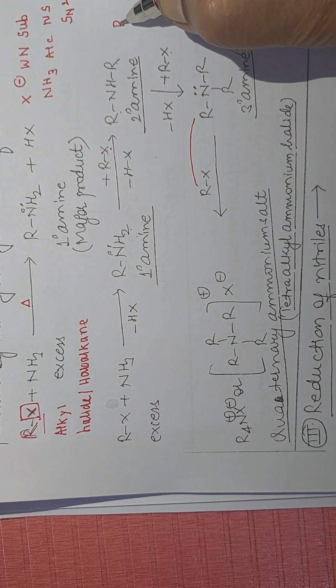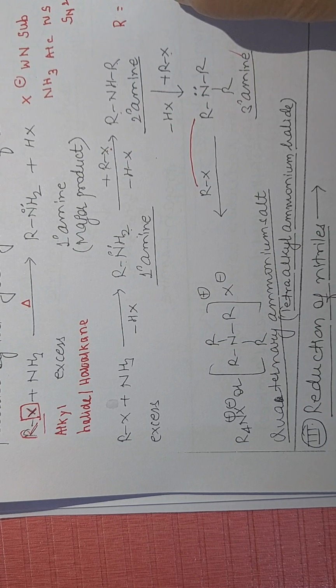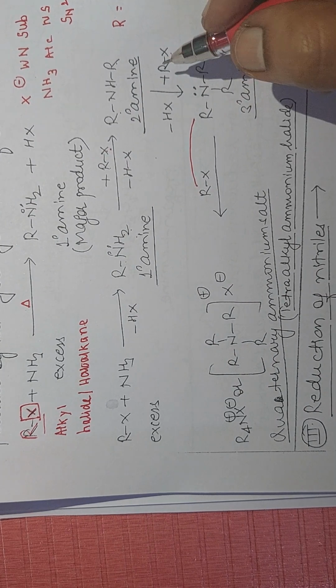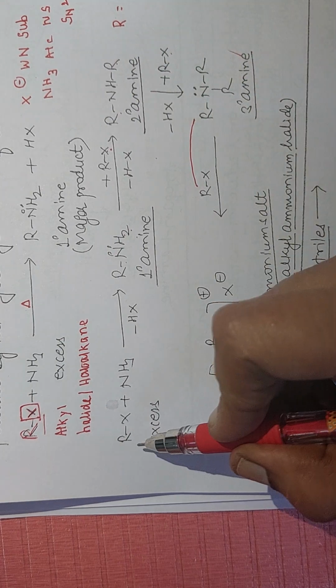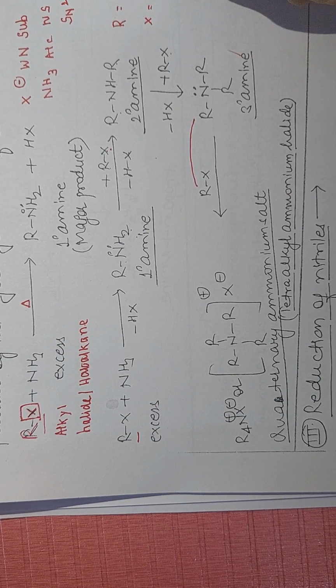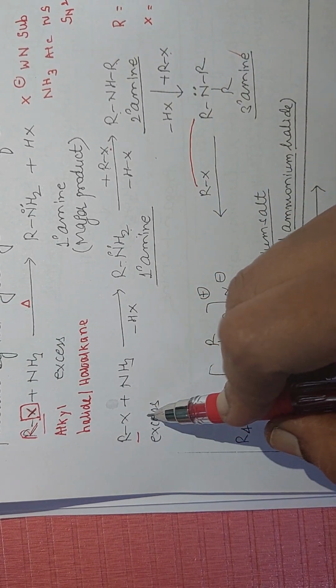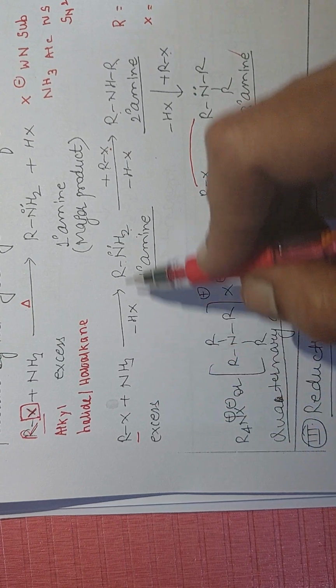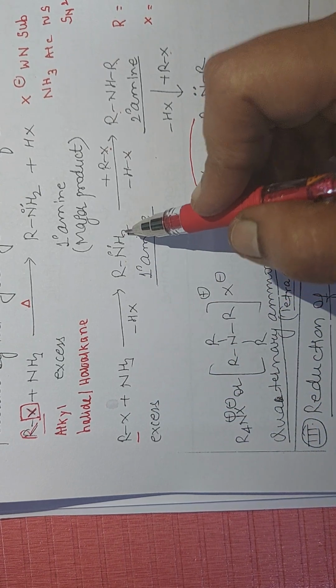Instead of R, we can write CH3. Wherever R is there you substitute CH3. Let us suppose X is equal to Br. CH3Br, bromomethane, methyl bromide, with ammonia, methanamine we will get.